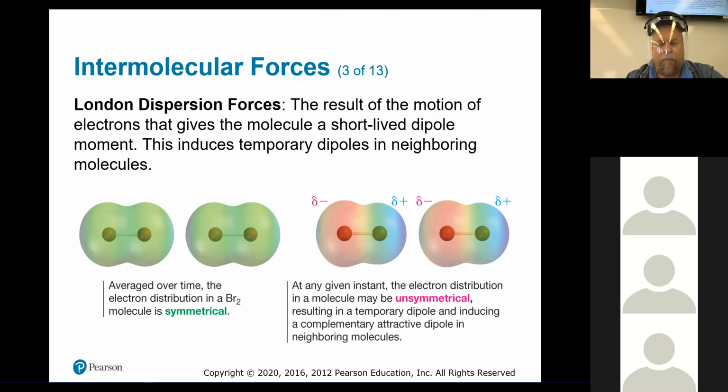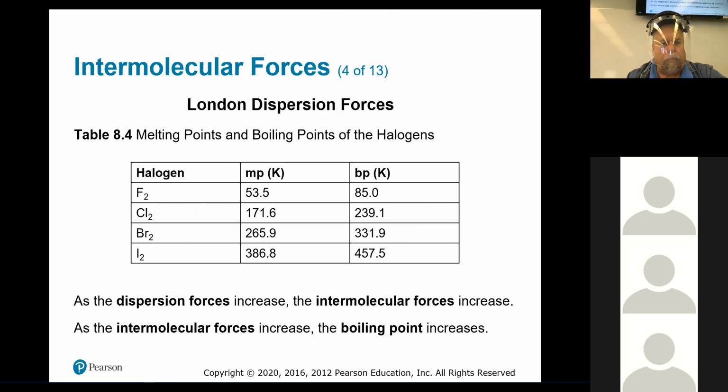These are temporary dipoles. The key thing is temporary. These are the numbers associated with these. If you notice the boiling points, chlorine's is below 0 Celsius, whereas bromine's is 331 kelvin, which is about 60 degrees Celsius.